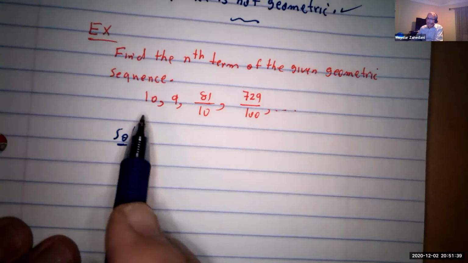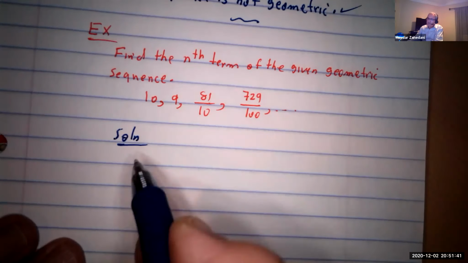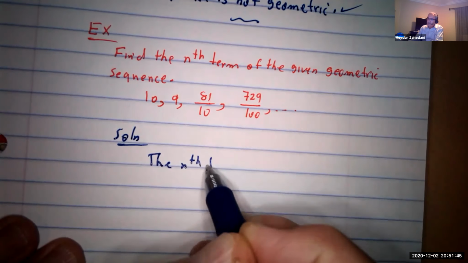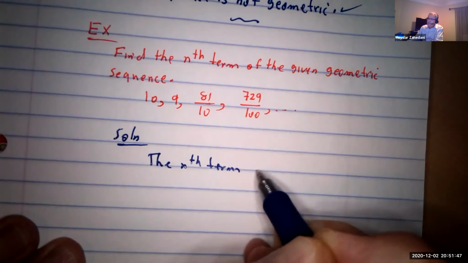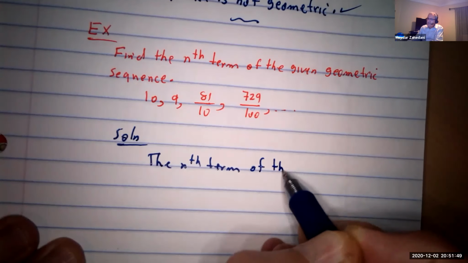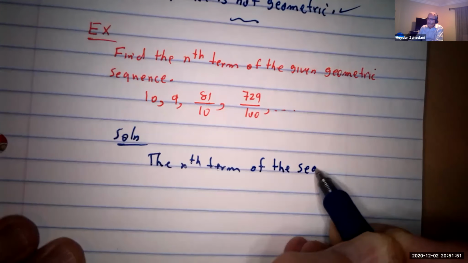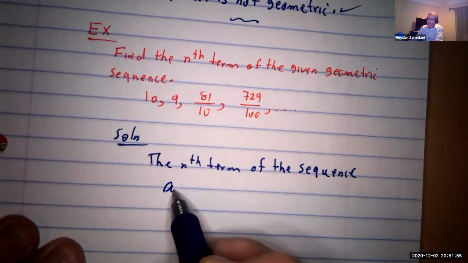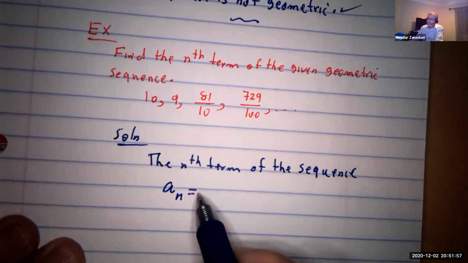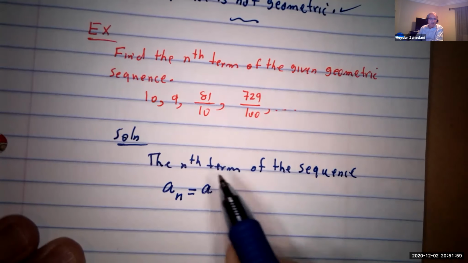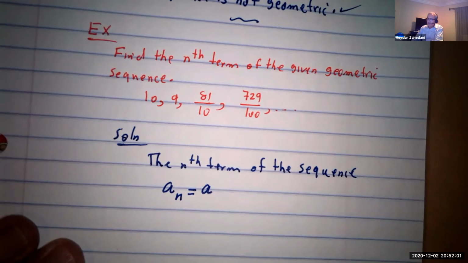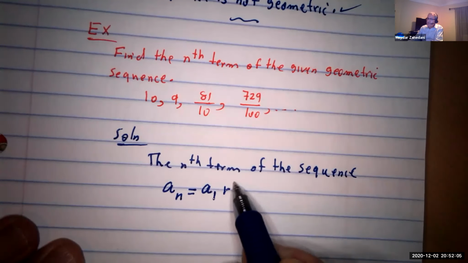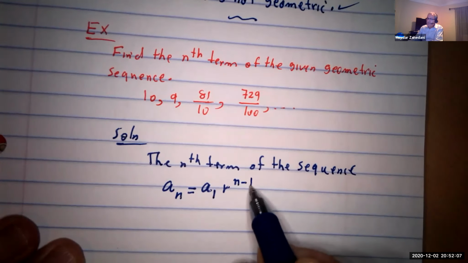The general term of the sequence, the nth term of the sequence, a_n is equal to the first term, a or a1, doesn't matter. You can call it a1 if you like, the first term, times r to the n minus 1.